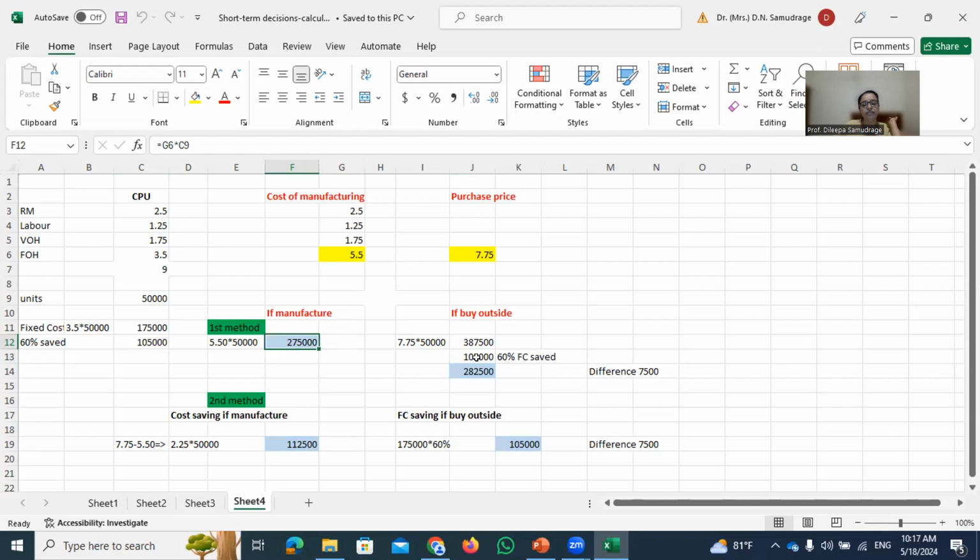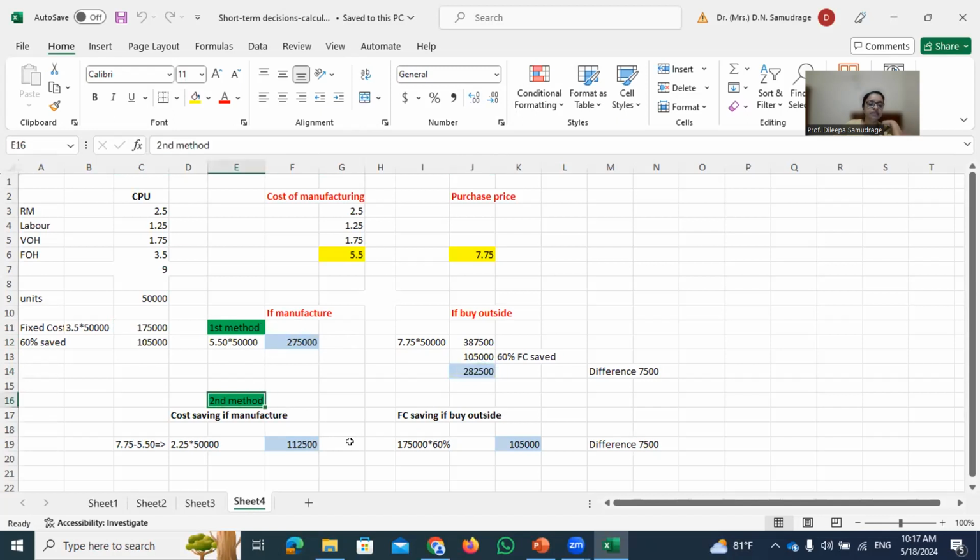If you buy it from outside, you have to pay this amount and you can save 60%. So therefore, the net value is this, right? So you have to compare this one and this. Then you see this is less than this figure. So therefore, we have to manufacture the component. So this is the first method.